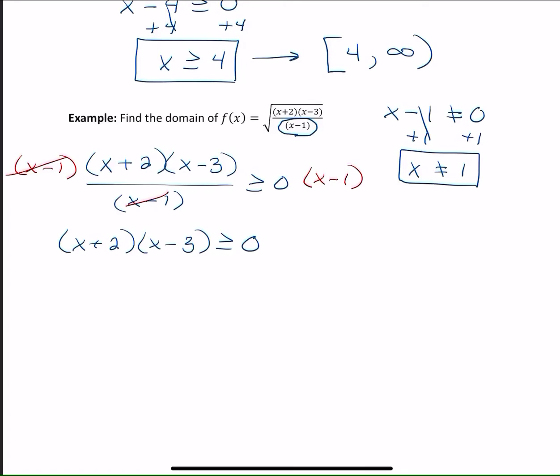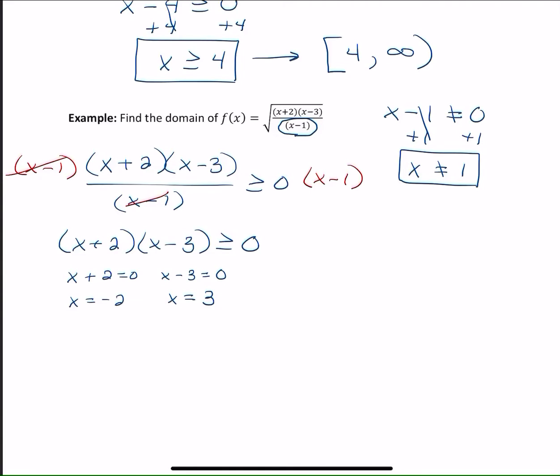Now you can't simply solve this like the previous example because this is a quadratic. So the easiest thing to do here is to set each factor equal to 0. So this is going to give you x equals negative 2, and this will give you x equals 3.